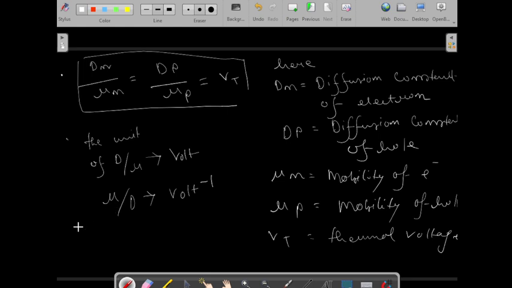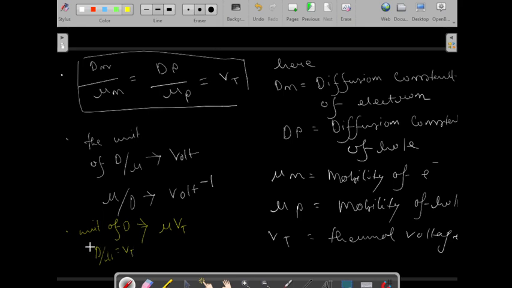So the unit of diffusion constant D: D equals mu times Vt, as D by mu is equal to Vt.